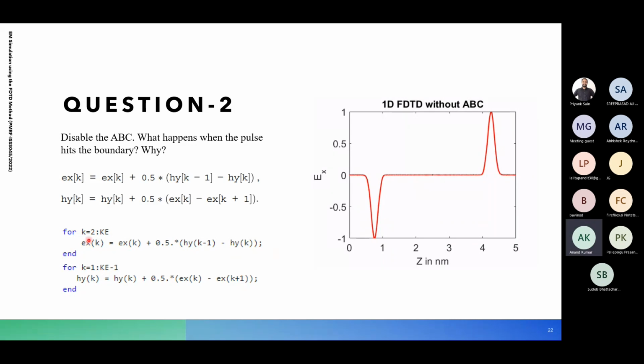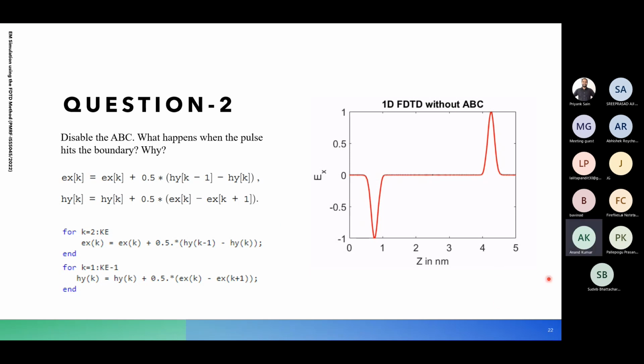When you calculate the electric field for Ke, Ex is calculated using Hy at Ke equal to 0. Where the magnetic field is 0, that point acts as a PMC, a perfect magnetic conductor, and there the wave gets reflected with the same phase. This is why in our simulation space we see the 180-degree phase shift on the left boundary, and the wave is reflected with the same phase on the right boundary.